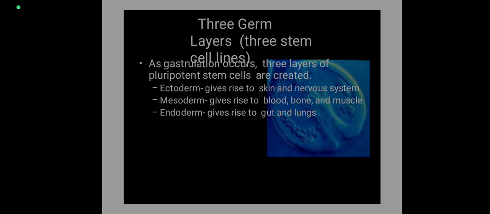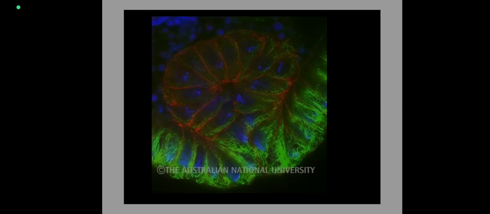As gastrulation occurs, 3 layers of the pluripotent stem cells are created: ectoderm, mesoderm and endoderm. Ectoderm gives rise to the skin and nervous system in a developing embryo, and mesoderm gives rise to blood, bone and muscles. Endoderm gives rise to the gut and liver.